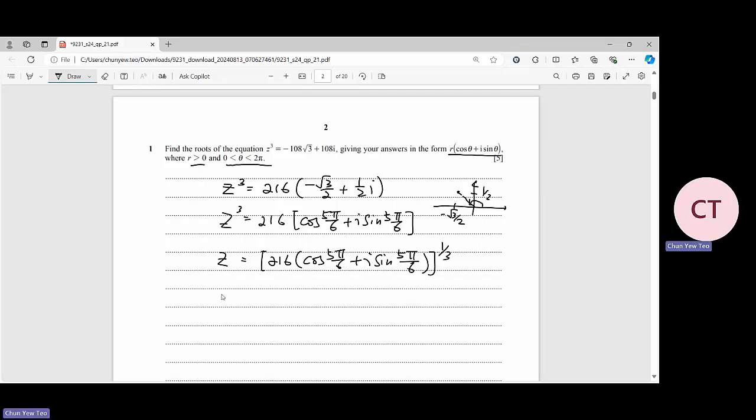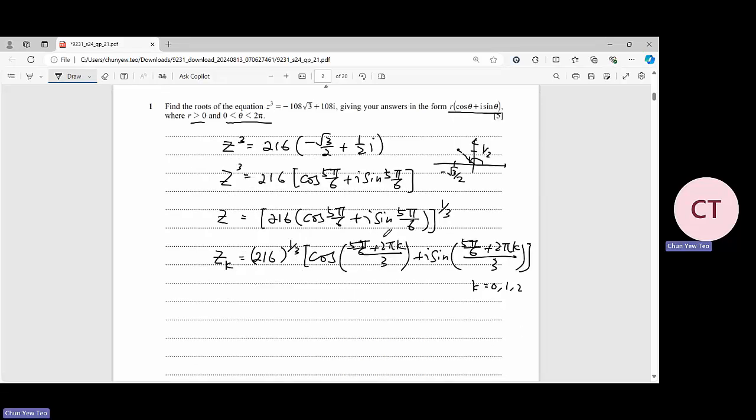By using the formula, you can write this as 216 power 1 over 3 times cos of (5 pi over 6 plus 2 pi k) over 3 plus i sine of (5 pi over 6 plus 2 pi k) over 3, where k is 0, 1, and then 2.